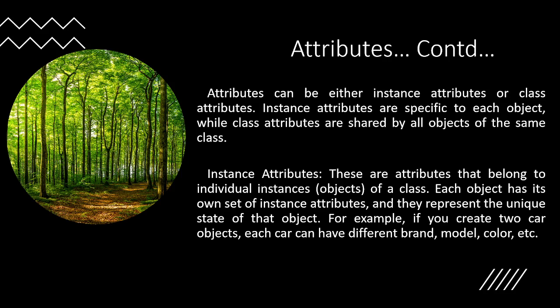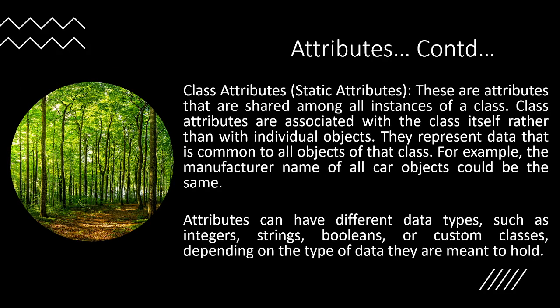So in our programming terms, the variables which are declared as instance variables will be for a particular instance of a class. We'll be working on the example and you'll be able to understand it more. But when we come to a class attribute, they are basically static attributes, and static, as we know, is different in Java.